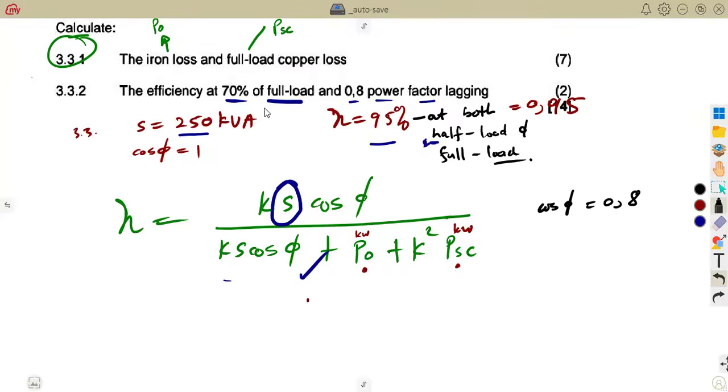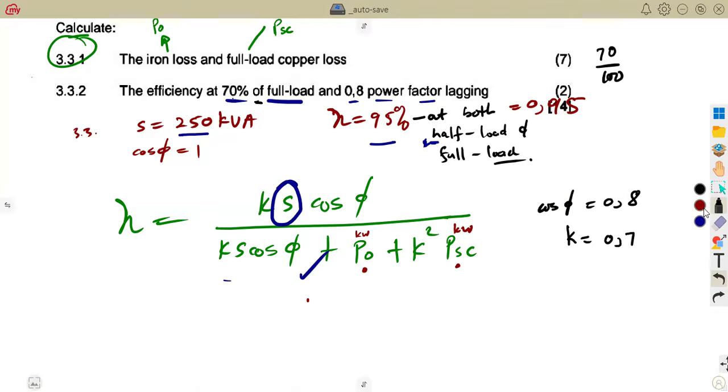Then we have the efficiency at 70% of full load. 70%, that's our K, will be 70 over 100. Remove that percentage, 70 over 100, which is 0.7. All these guys, we have them.